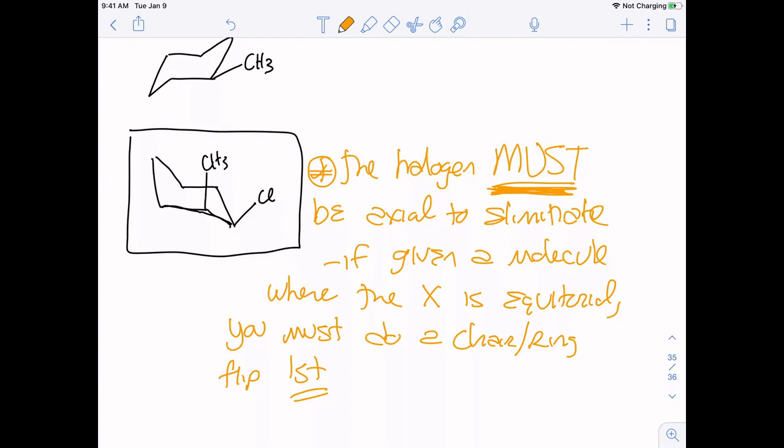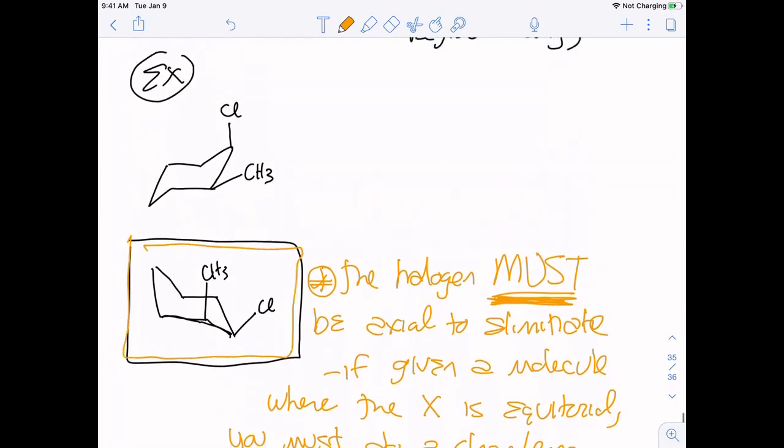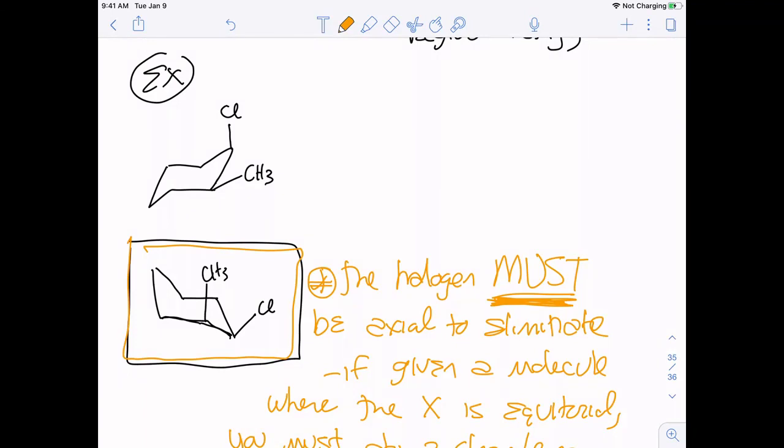I guess you do have an option. You could do it wrong, but you would lose points. So if you want to do it correctly, the halogen needs to be axial. It cannot eliminate from the equatorial position. So if it's equatorial, then you have to do a chair flip first. So again, if I gave you this, the first thing you need to do is do your chair flip so it looks like the molecule above. Once it's in that position, then I can do my elimination.